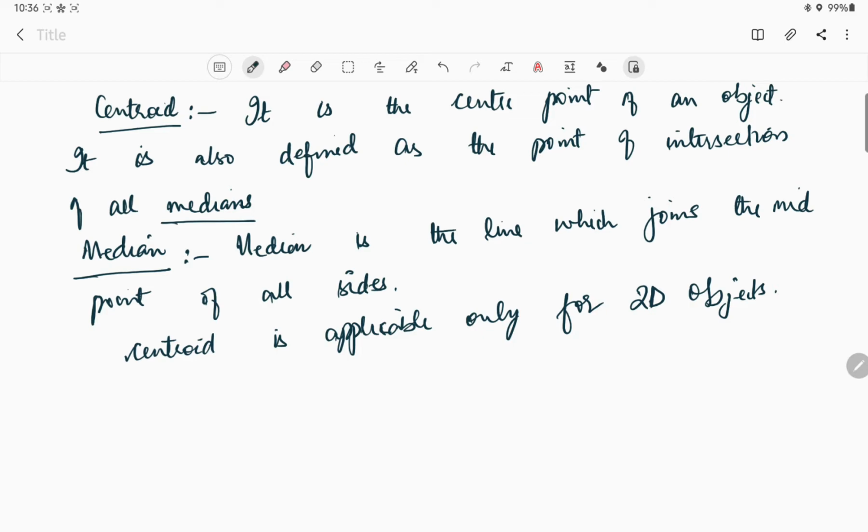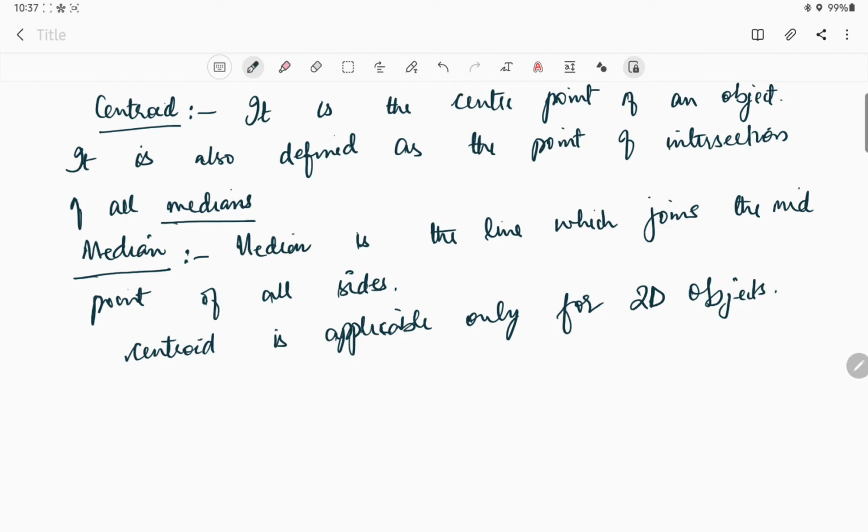Center of gravity is applicable for 3D objects. So one is centroid and another one is center of gravity. Centroid is applicable only for 2D frames, whereas center of gravity is applicable for 3D objects.